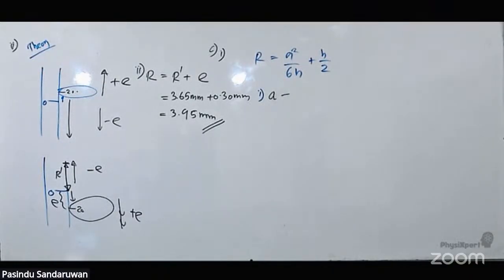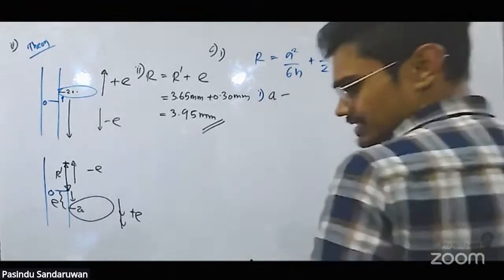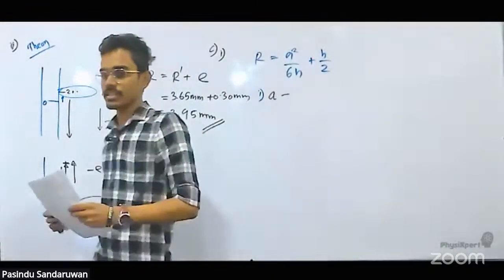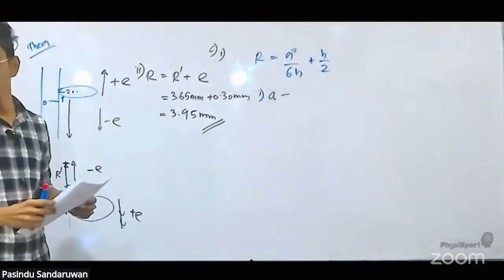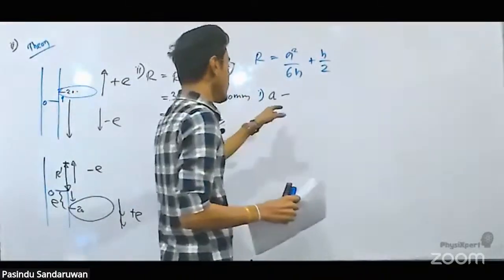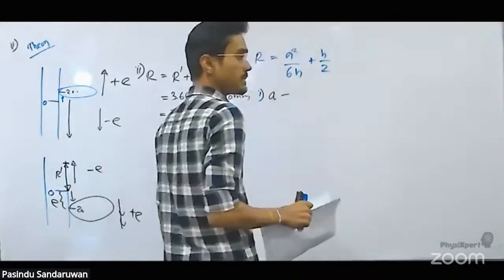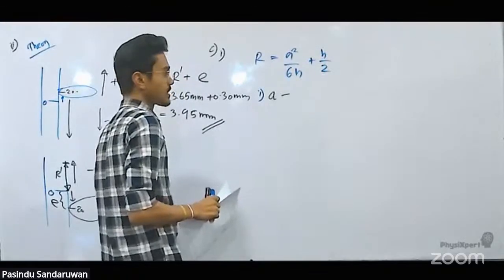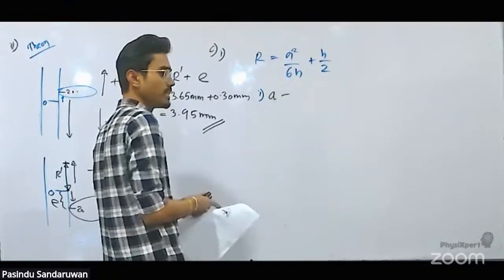This is correct. A, this is a theory part again. Distance between legs. Correct. Write down: A is distance between any two legs of spherometer.